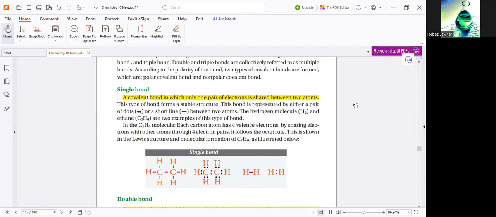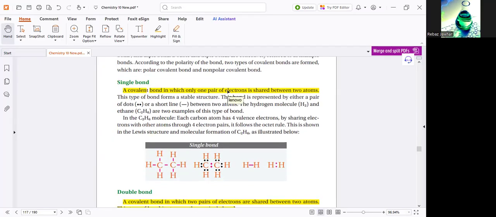Single bond, as its name suggests, can be represented by a single line. This is the definition for the single bond, in which only one pair of electrons, each pair being two electrons, is shared between two atoms.